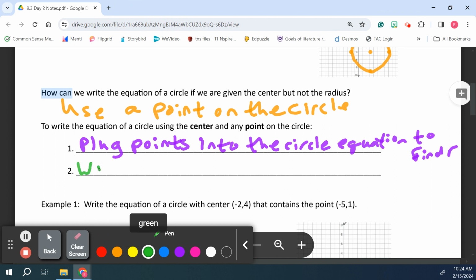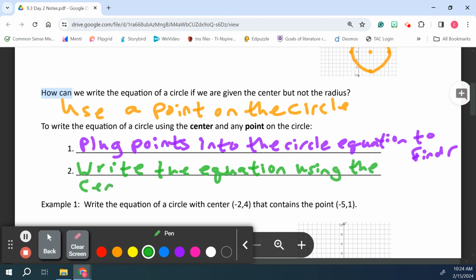And then we write the equation using the center and r.